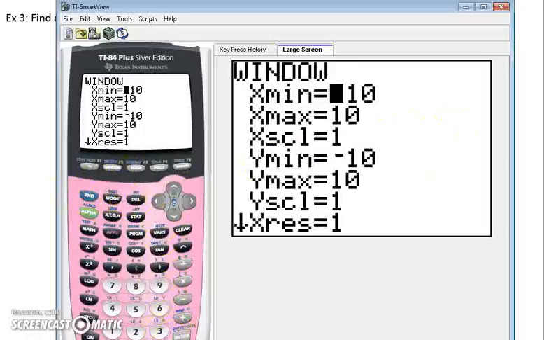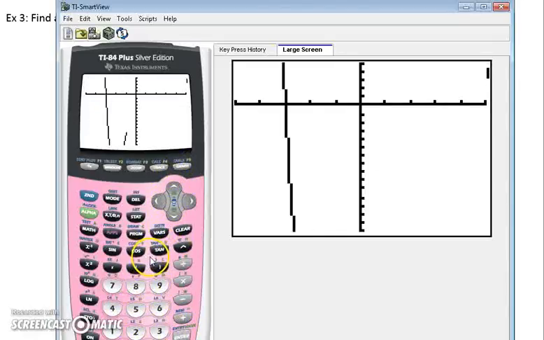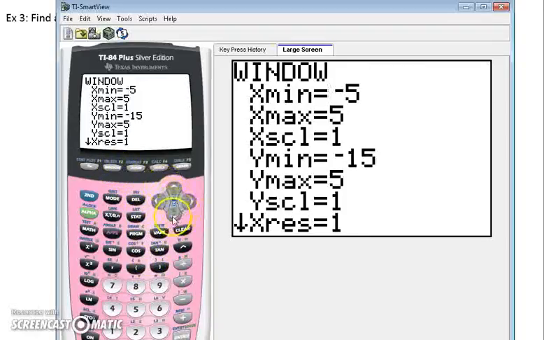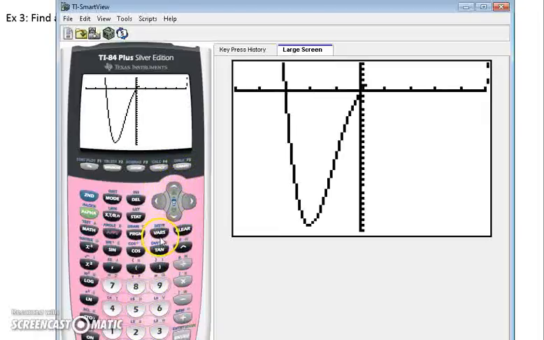Let's go negative 5 to 5 for my x, and then say negative 15 to 5, and see if that gives us a better graph. Still didn't go down far enough, so let's go to negative 25. And there we go. We can see the absolute minimum here.